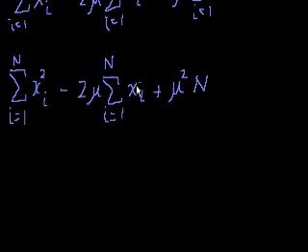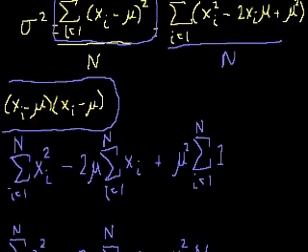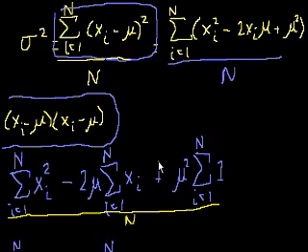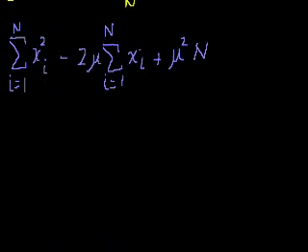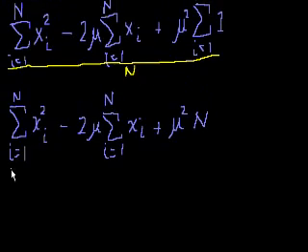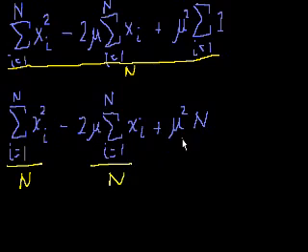What is this thing right here? Well, actually, let's bring back that n. So this simplifies to that whole thing divided by n, which is the same thing as each of the terms divided by n.